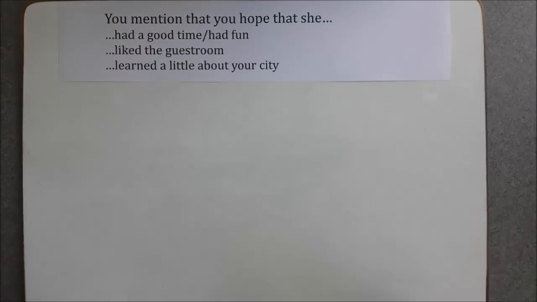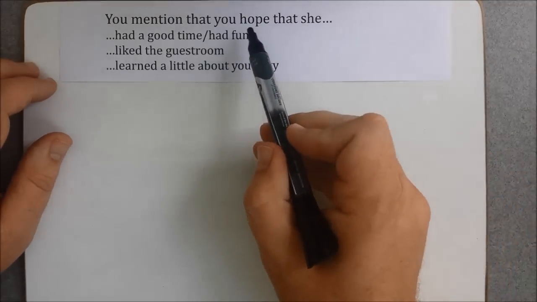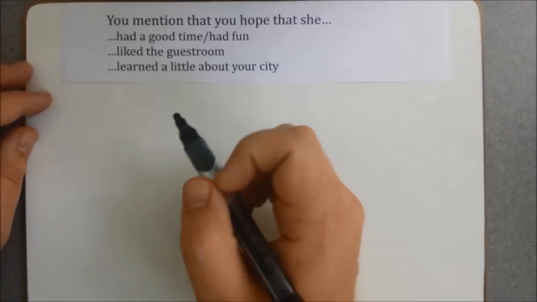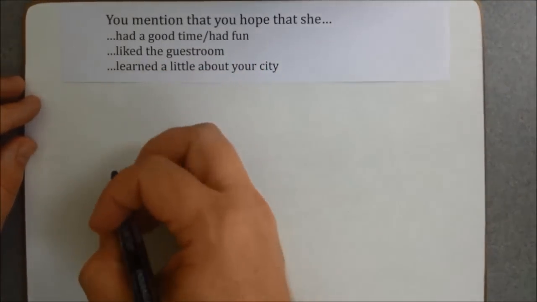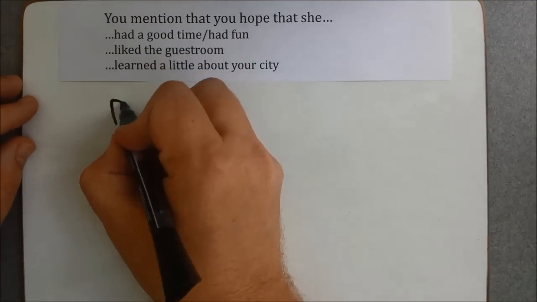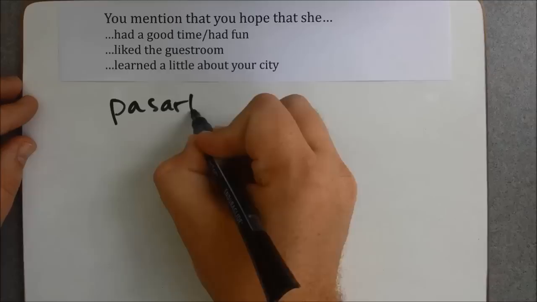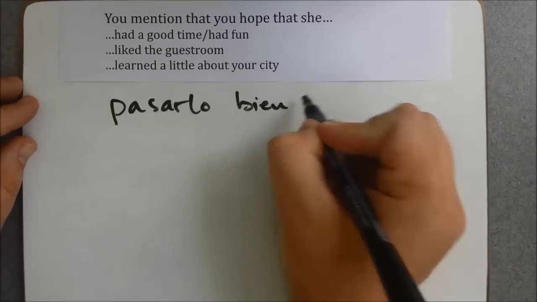All right, so again, the situation here is that you're dropping your friend Vanessa off at the airport, who's been visiting your family from Puerto Rico. And as you're taking her to the airport, you want to mention a couple things. So for example, you're going to mention that you hope she had a good time or had fun. For have a good time, you can use the expression pasarlo bien, right?